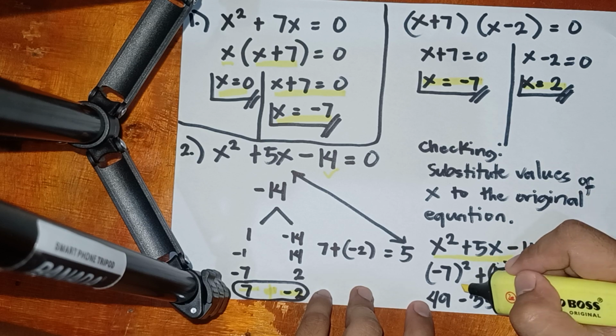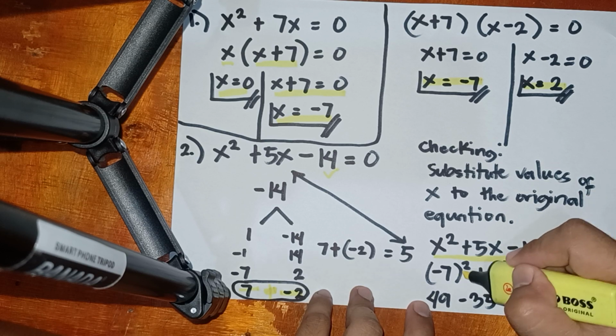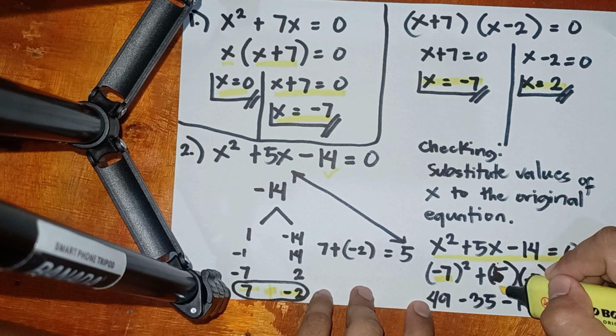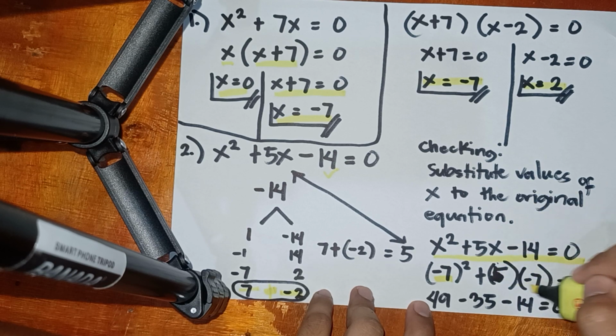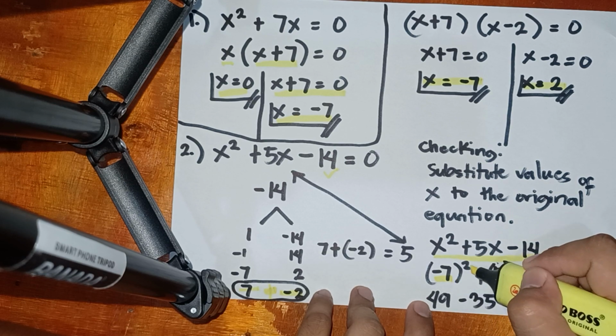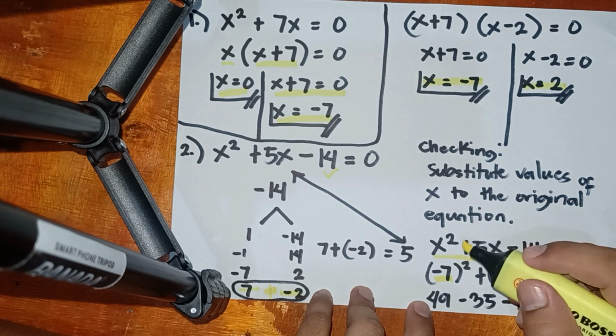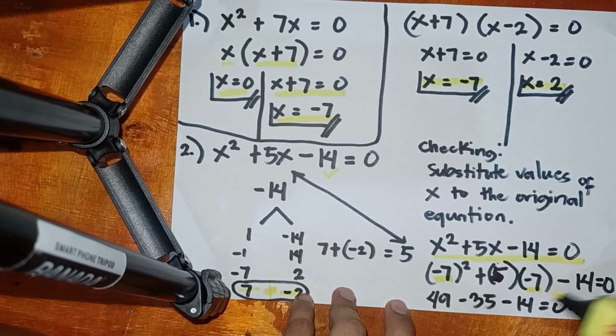First, negative 7 squared plus 5 times negative 7 minus 14 is equal to 0. Negative 7 squared, or negative 7 times negative 7, is positive 49.